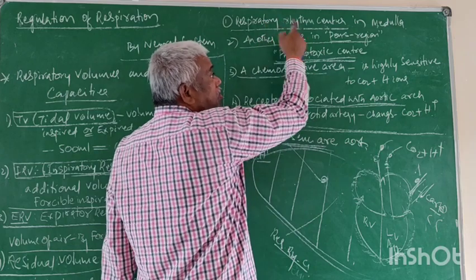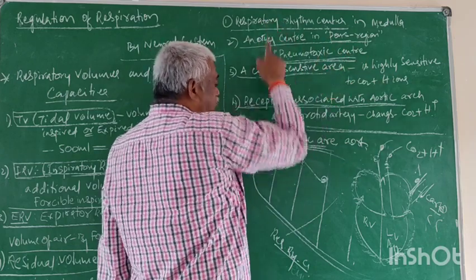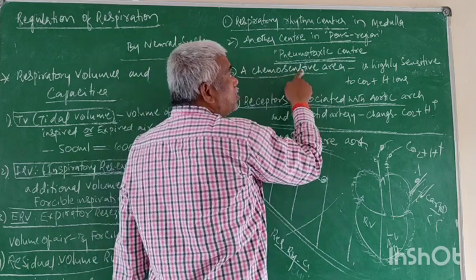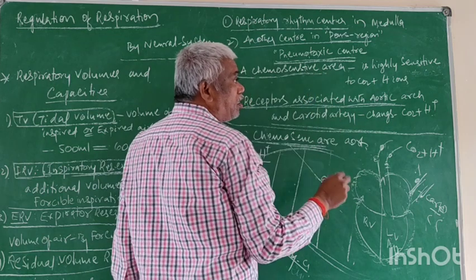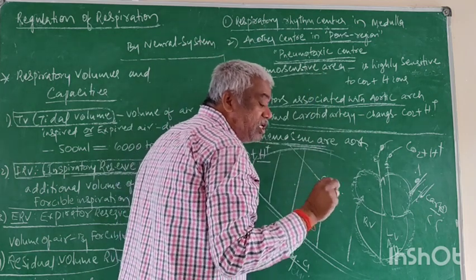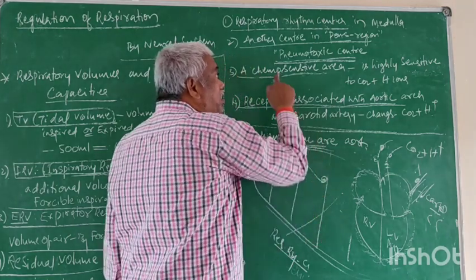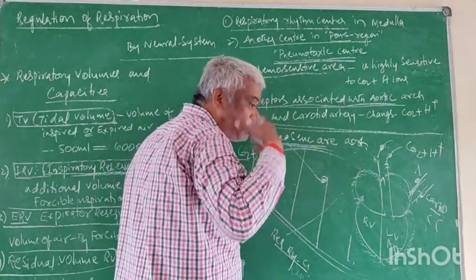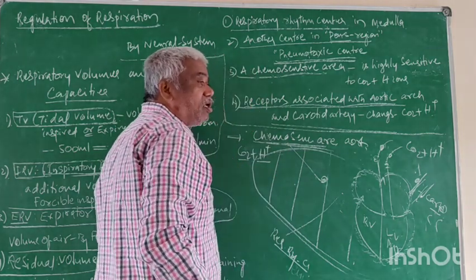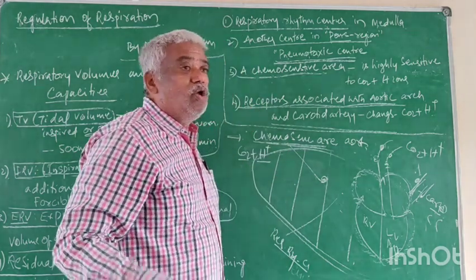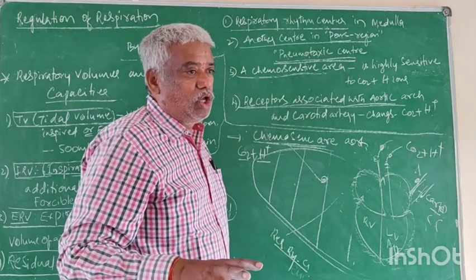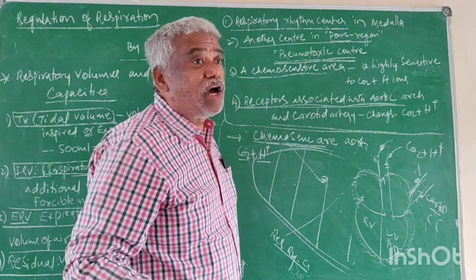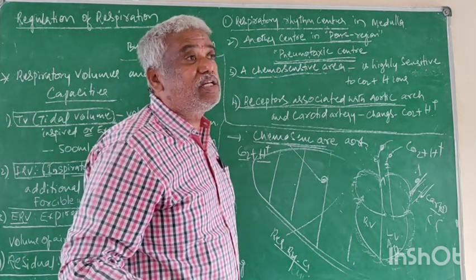The respiratory rhythm center receives signals from the receptors and also from the chemosensitive area, the neuron center nearer to the medulla oblongata. In our body, two areas detect the increase of carbon dioxide and hydrogen ion concentration.